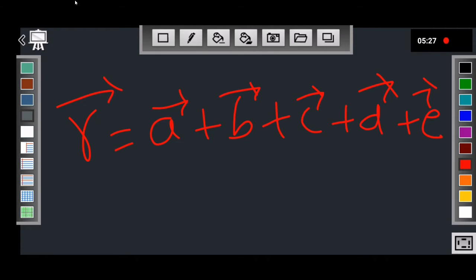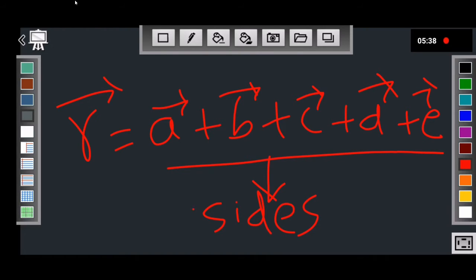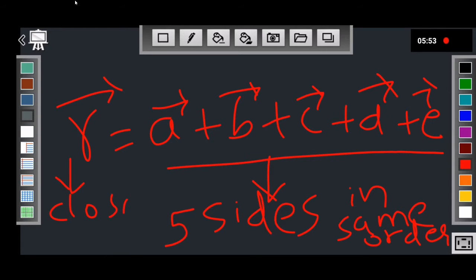See here, all these 5 vectors are represented in magnitude and direction by the 5 sides of the hexagon in the same order, then the resultant is represented by the closing side in reverse order or opposite order. So this is the detail of the polygon law of vector.